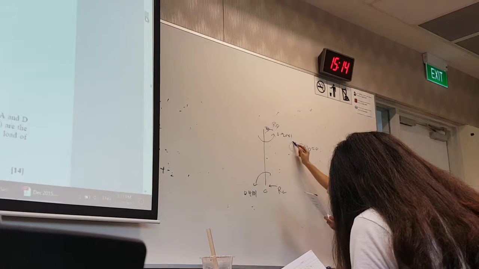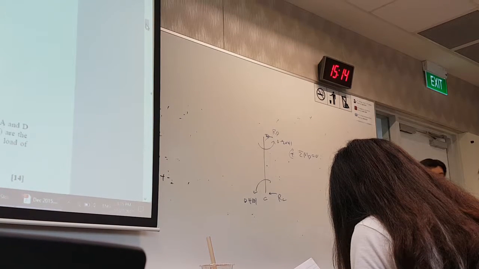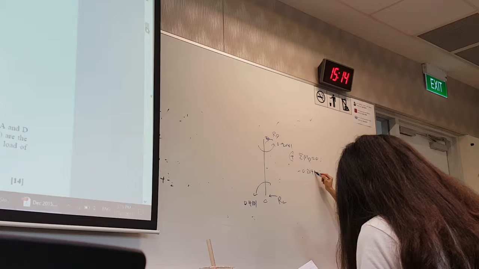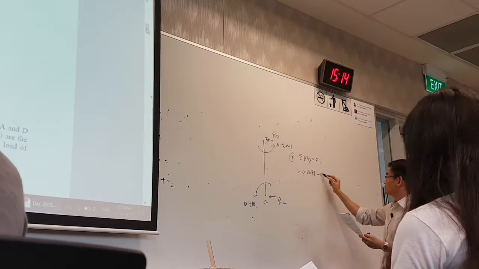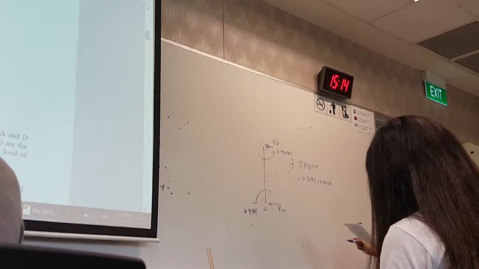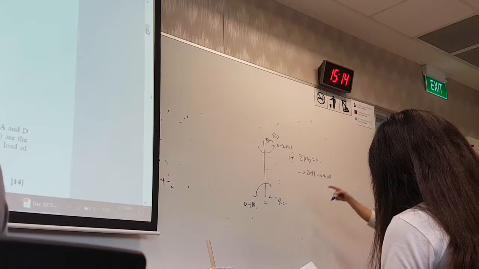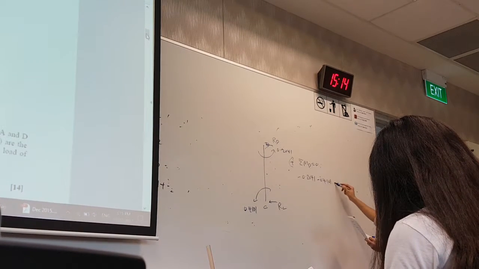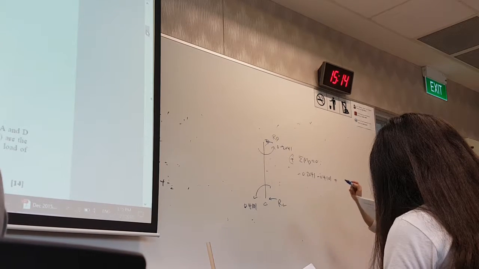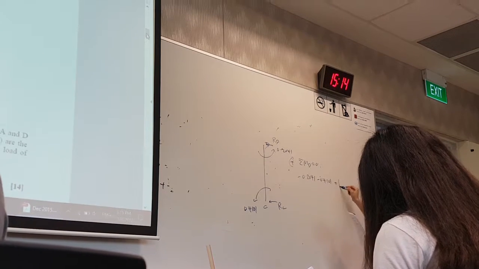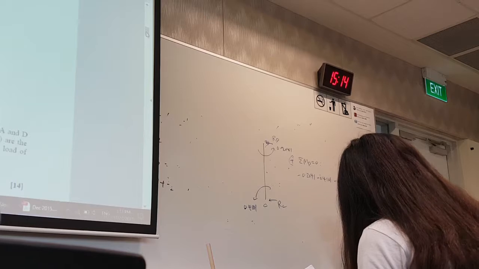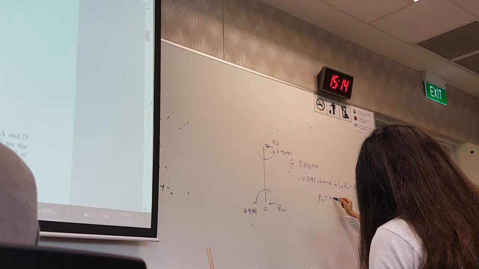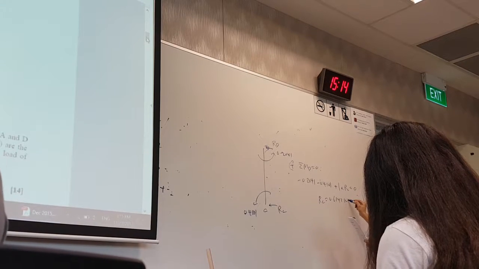If you take clockwise as positive again, we get minus 0.2041 minus 0.4104, and C is going to induce a clockwise moment, so that is equal to plus. Again, the distance is 1, so it's 1 multiplied by RC equals 0. By working it out, your RC is equal to 0.6142 kilonewton.